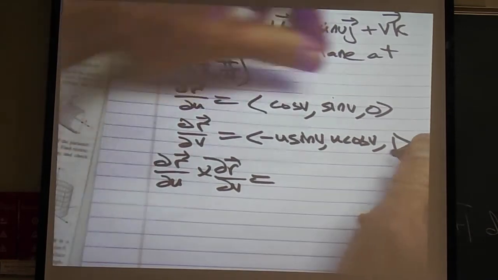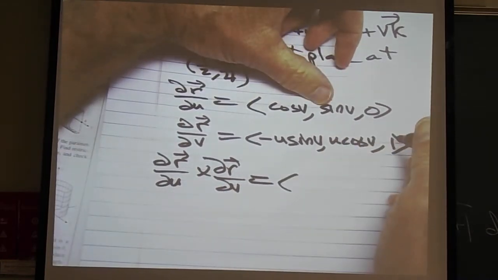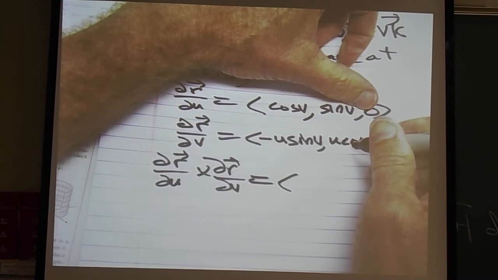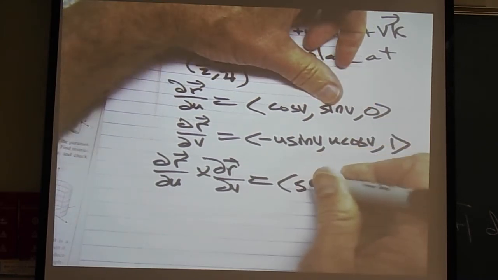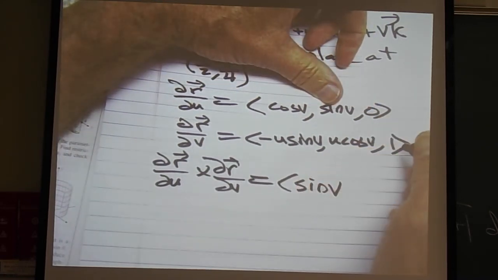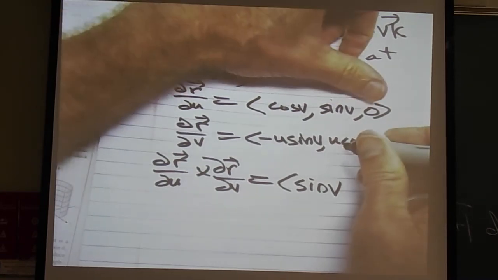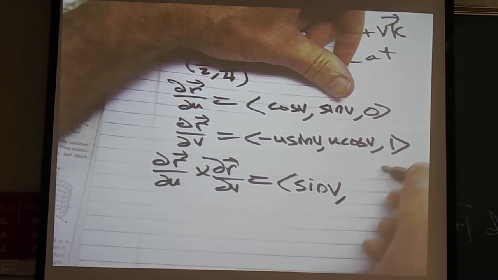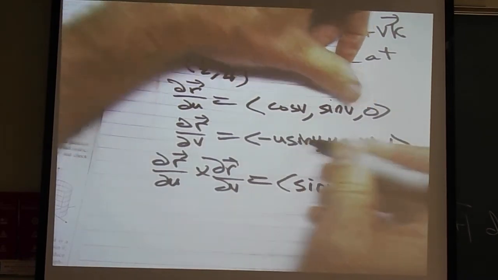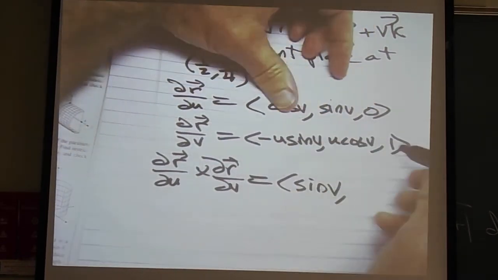For the first component, this times this minus this times this, the fast way to do it, is sine v. For the second component, 3, 1 minus 1, 3 is 0 minus cosine v.